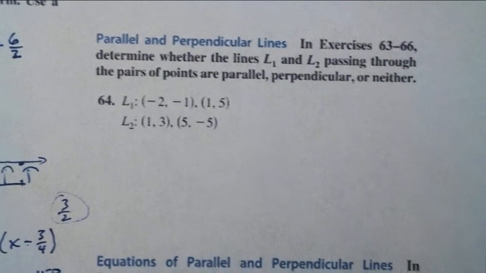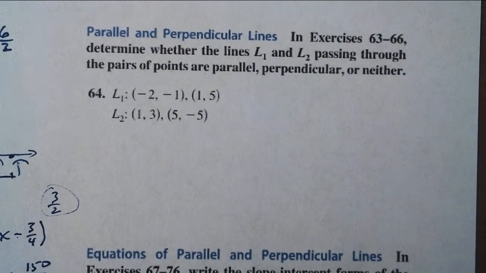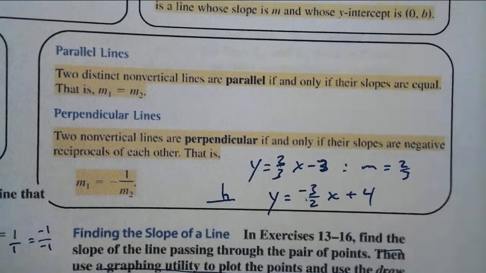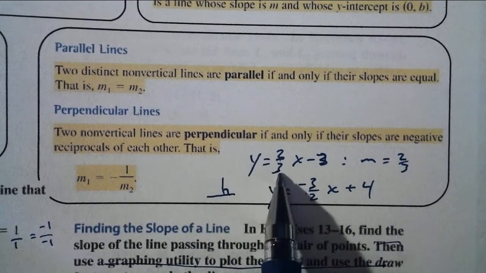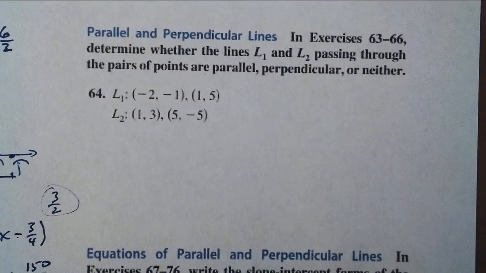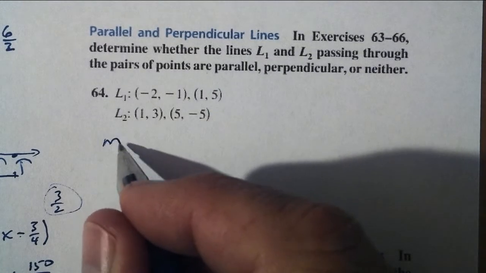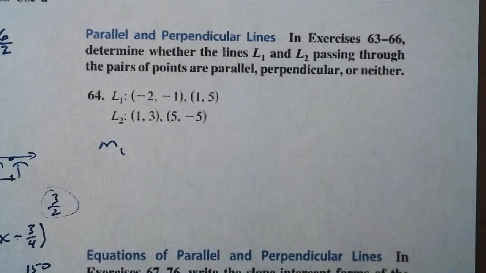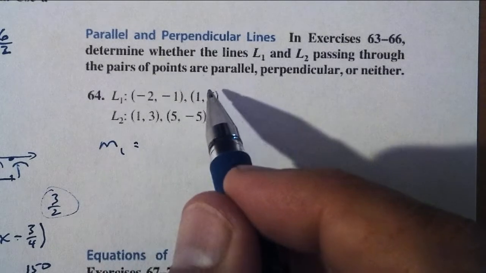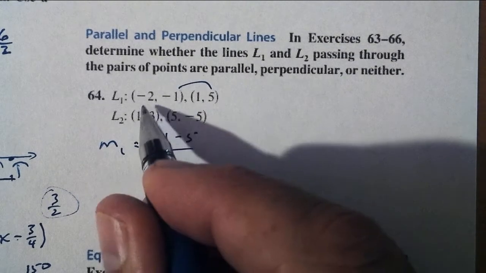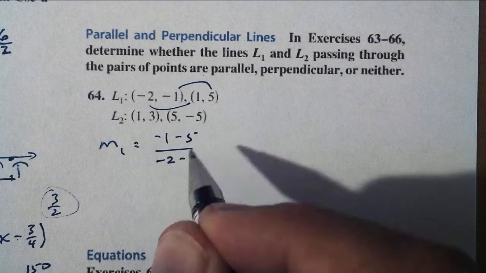All right, lines are parallel, as mentioned before, when slopes are equal. That should make some sense to us. Lines are perpendicular when slopes are opposite and reciprocal. So we're to determine if the lines are parallel, perpendicular, or neither. So let's find slope 1. Not a bad idea to use that notation. Slope 1, my y's go from negative 1 to 5, as my x's go from negative 2 to 1.